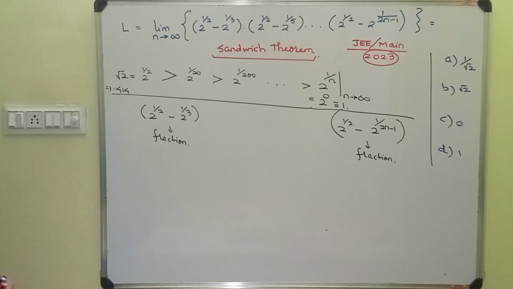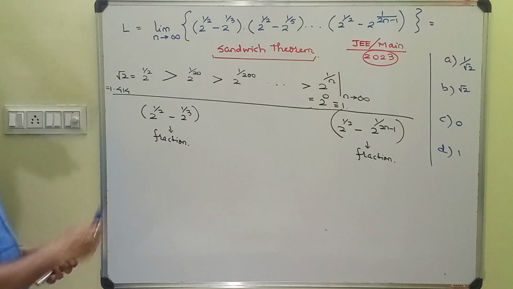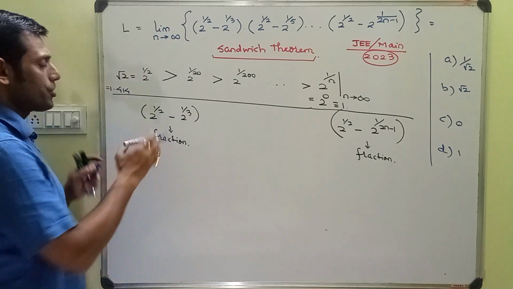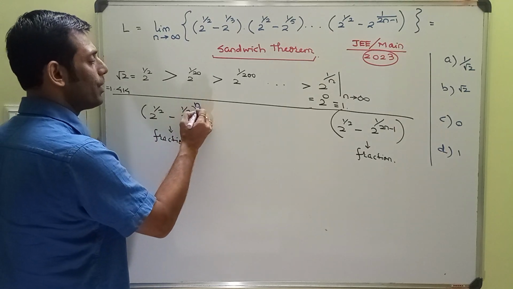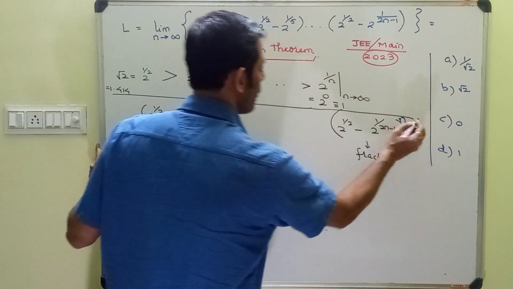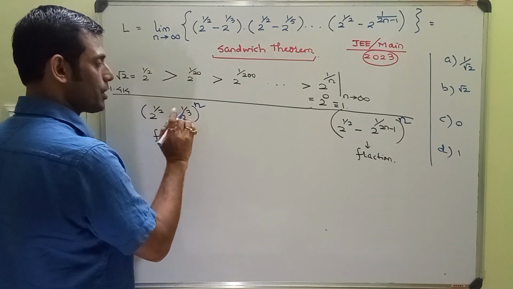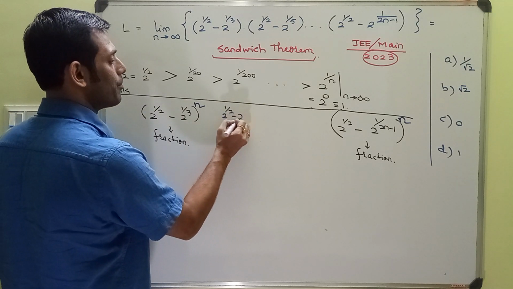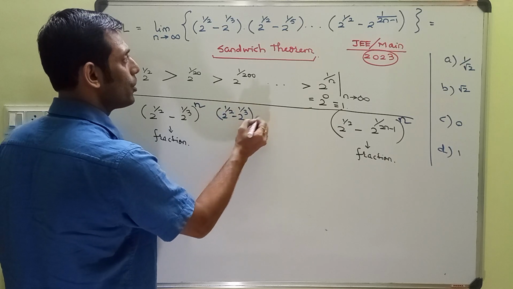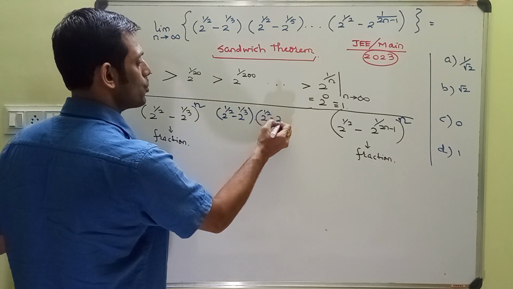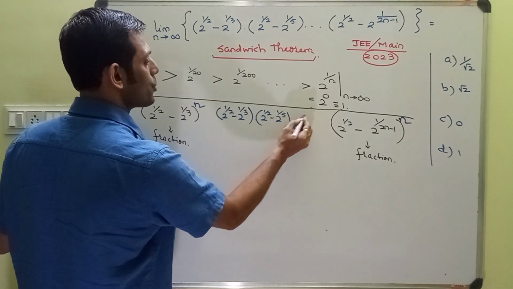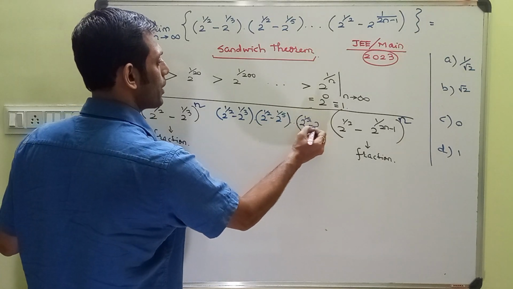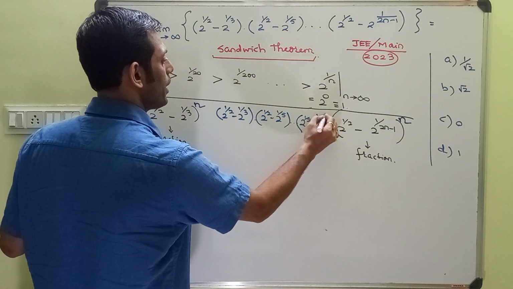Now when we compare this fraction with L, I mean this entire product, let's compare this with a power n applied, and let's compare that with the given product, that is 2 power half minus 2 power 1 by 3 dot 2 power half minus 2 power 1 by 5 and so on till 2 power half minus 2 power 1 by 2n minus 1.